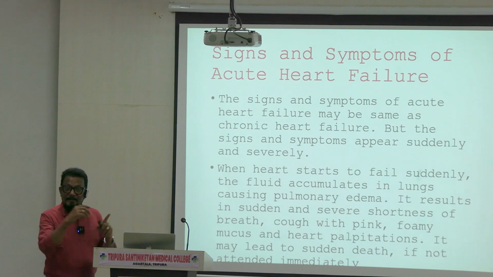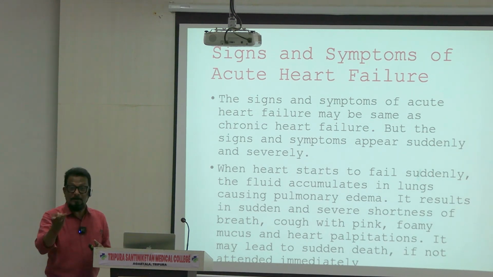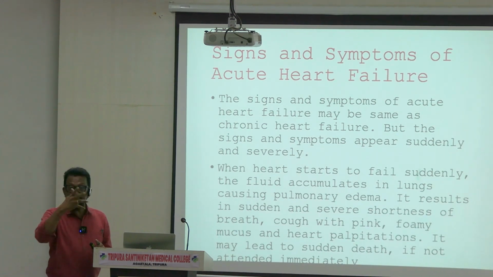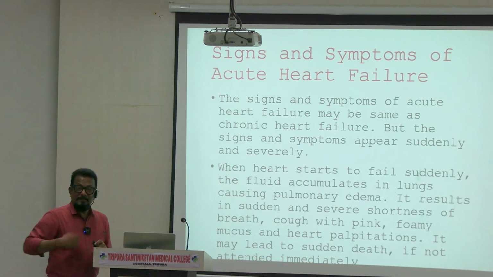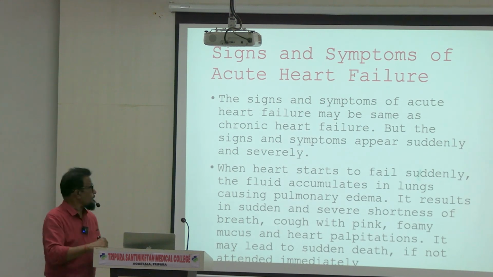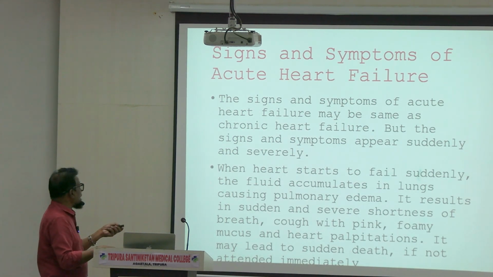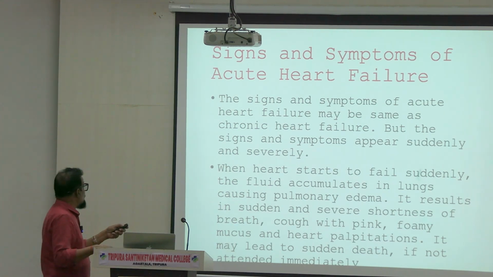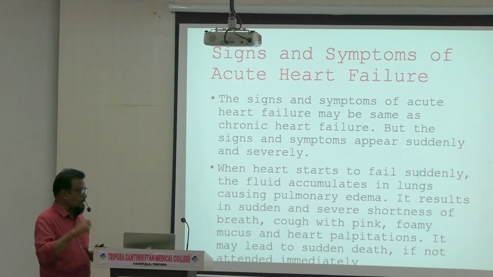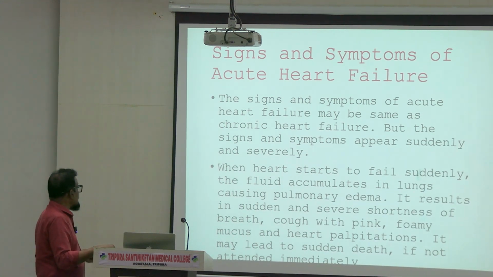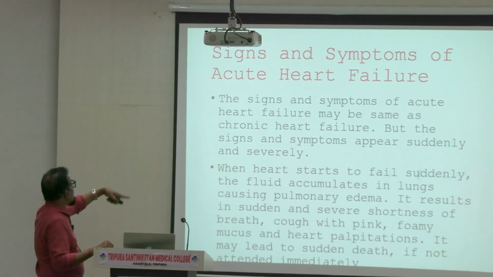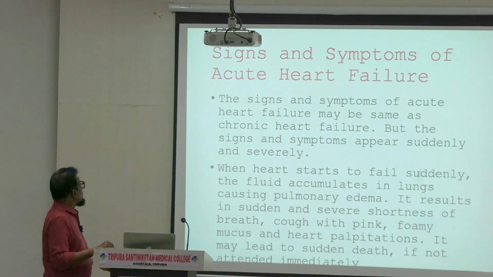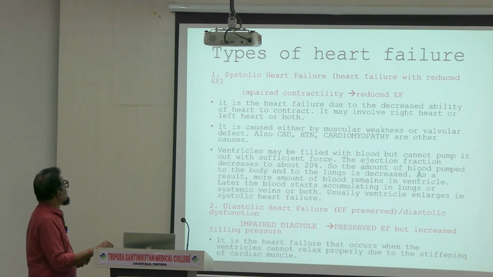Pulmonary edema means there is accumulation of fluid outside the alveoli, in the pulmonary extracellular tissue, and fluid in the interpleural space. It results in sudden and severe shortness of breath, cough with pink and foamy mucus. Heart palpitation occurs and it may lead to sudden death if not attended to immediately. These are the signs and symptoms of acute heart failure.